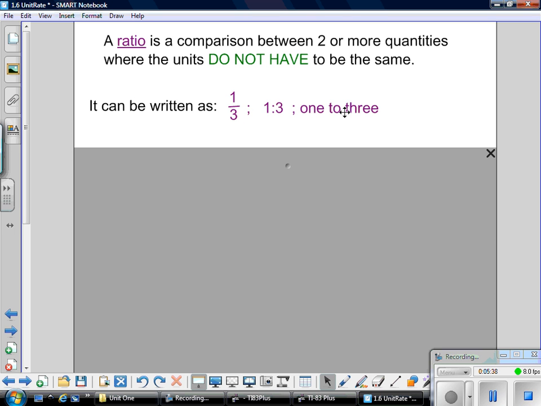Sometimes the 1 to 3 can be written in English. It can be written as a fraction, or it can be written with a colon between the two numbers in the ratio. Okay, now a ratio can have more than two items being compared. If you notice, it says between two or more quantities, so sometimes there are more than two. If there are more than two, obviously we wouldn't be able to write it in a fractional form.